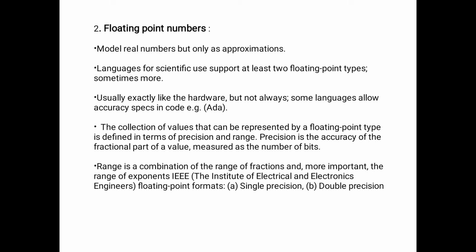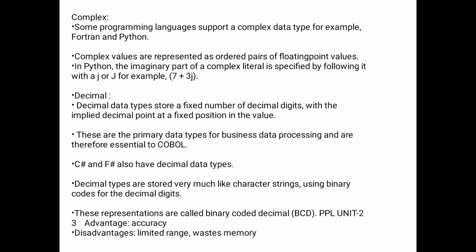Precision is the accuracy of the fractional part of a value, measured as the number of bits. Range is a combination of the range of fractions and, more important, the range of exponents. IEEE, the Institute of Electrical and Electronics Engineers, floating point formats: single precision, double precision.